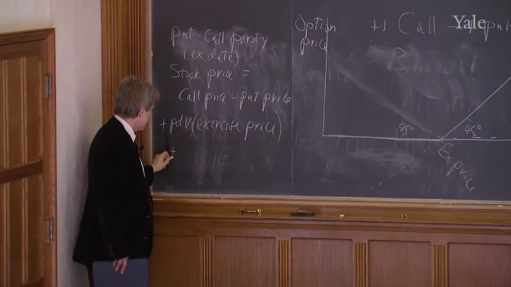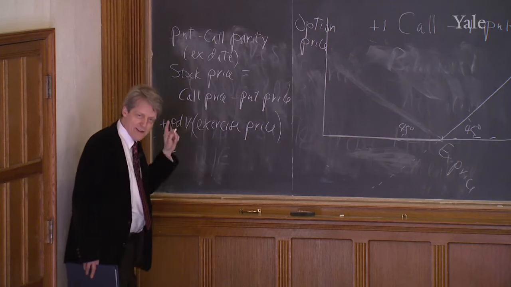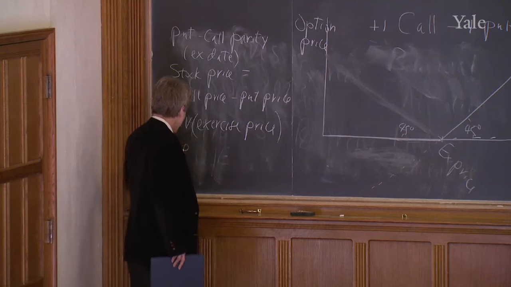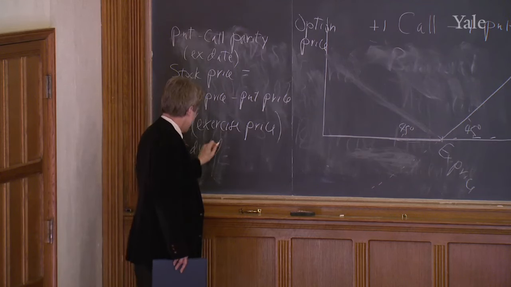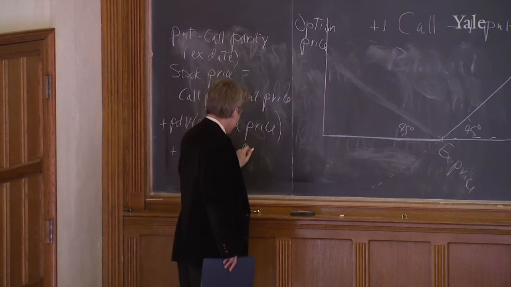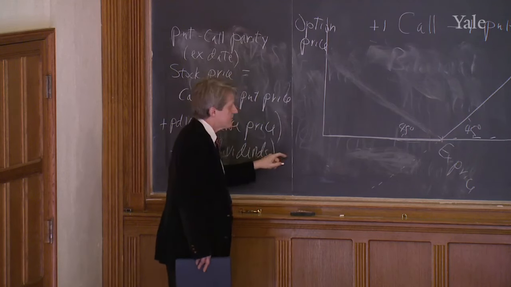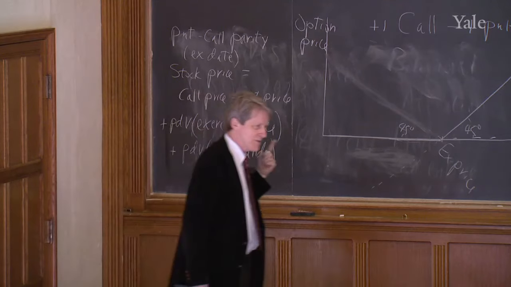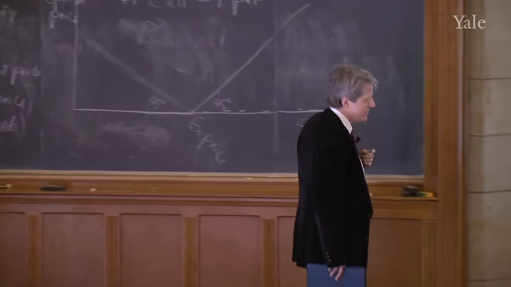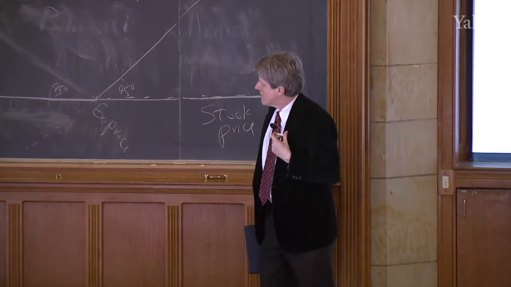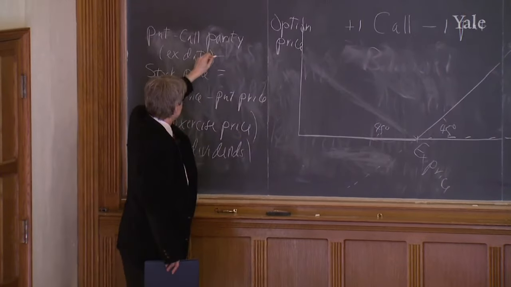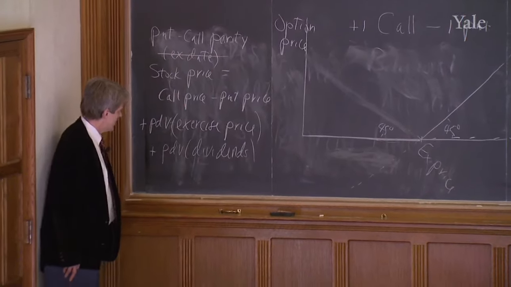And also, we have to add in case there are any dividends paid between now and the exercise date, plus the present discounted value of dividends paid between now and the exercise date, because the stock gets that, and the option holders don't. Okay? So that's called the put-call parity relation. And now I can cross out exercise date. This should hold on all dates.